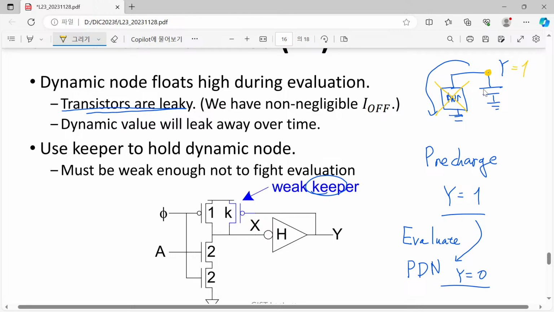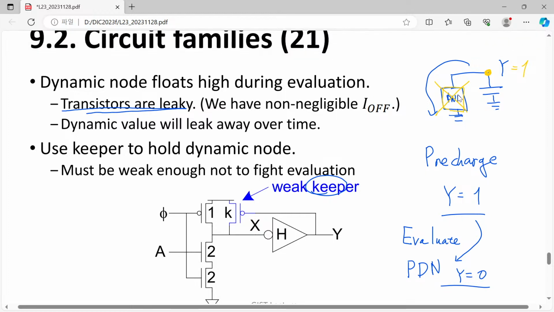But unfortunately, the pull down network is just serially or parallelly connected NMOSFETs, and an NMOSFET has many different leakage sources.